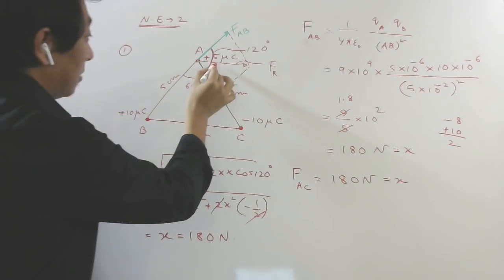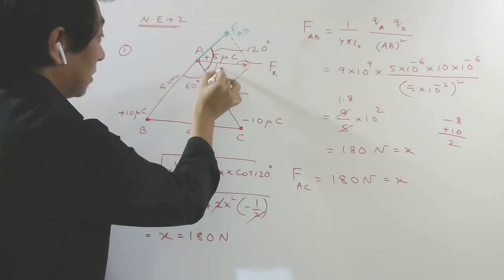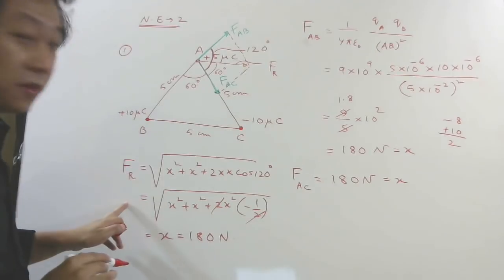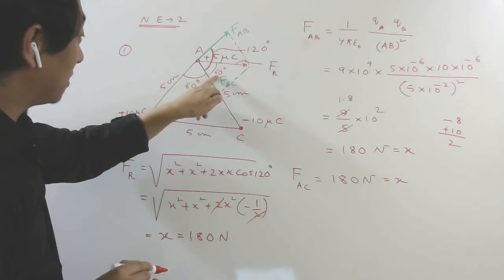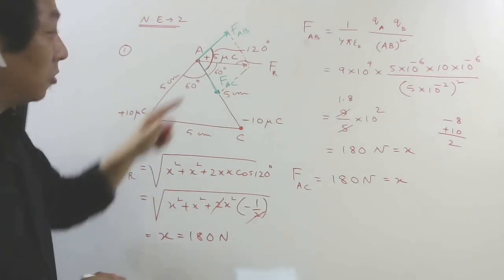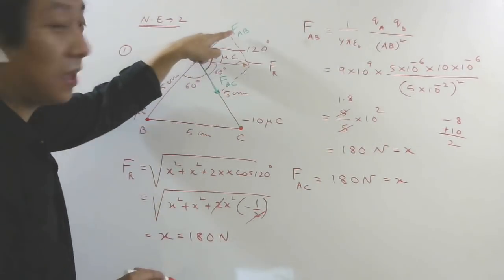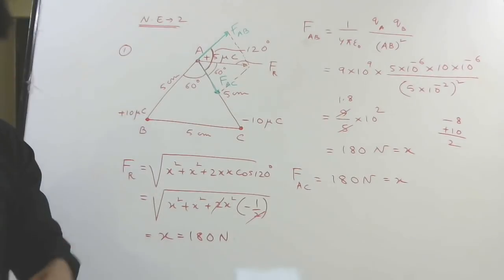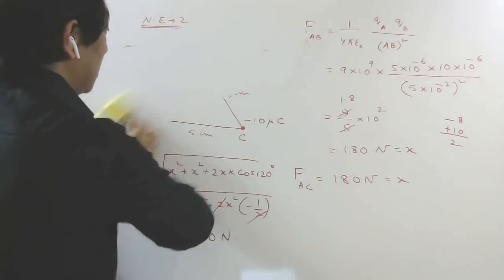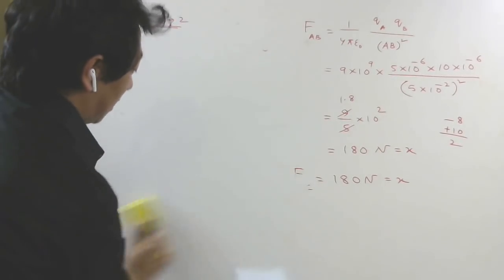That means it will be at 60 degree with this force. So if they ask the direction of the resultant force, you can say it is at 60 degree with the force FAC, or you can say 60 degree with force FAB also. It is the same thing. So this is the first question. It's quite easy if you know how to add vectors.